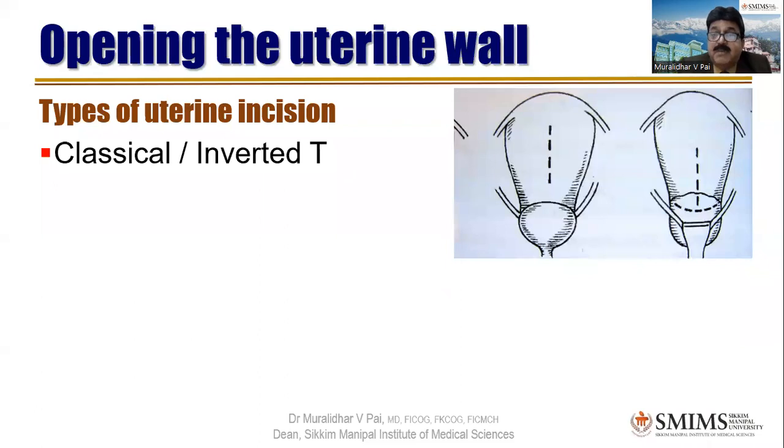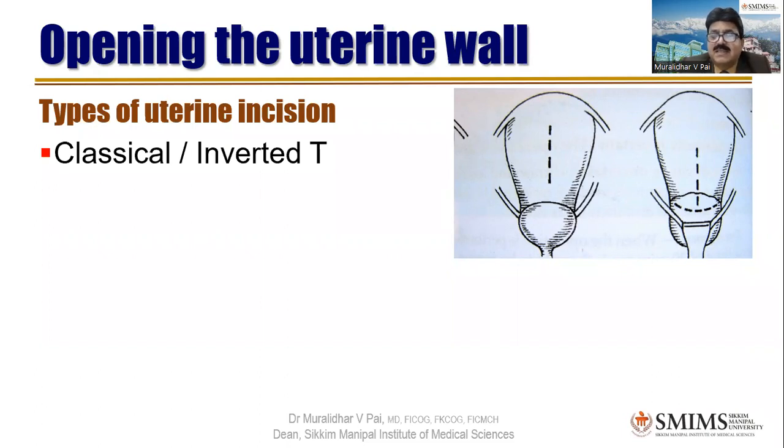And believe me, inverted T is the worst type of incision. So nobody puts an inverted T incision deliberately or intentionally. It is at the time of difficulty you go vertically after a transverse incision is made. Whereas a classical incision, though now 99.9% of gynecologists do not know how to put a classical caesarean section incision, it is coming back, especially in a case of, let's say, caesarean hysterectomy for a placenta percreta, wherein you don't want to go to the lower segment and disturb the placenta.